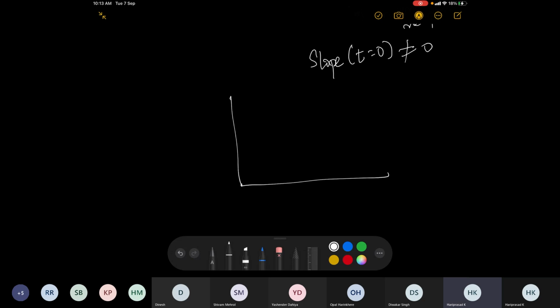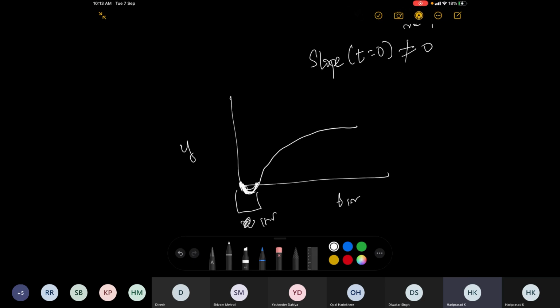Okay, at the starting point, let's say this is your y, of course, normalized with respect to time. You would see a direction which is opposite to the overall direction. So your overall system might settle out here, but you see that there is a different direction maybe for a short time. So this region is basically the inverse response region.